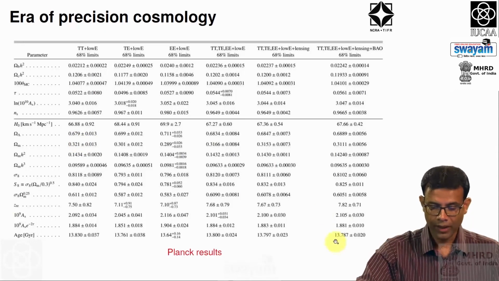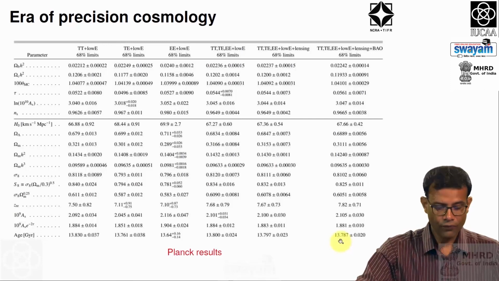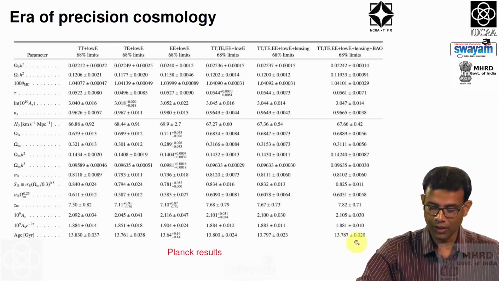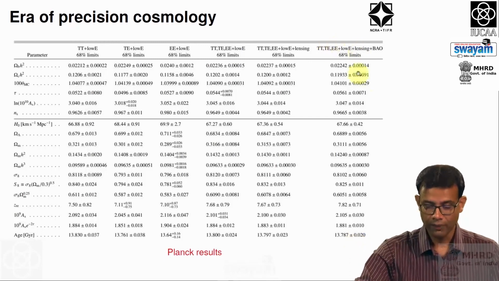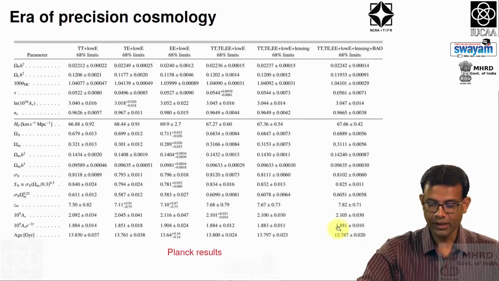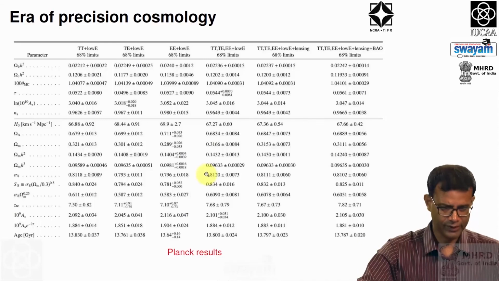The age we are talking about now is somewhere in the range of 14 gigayears. Okay. In fact, it is 13.787, and the error bars are plus minus 0.02 if we believe this data set. Okay. So, you can see again the precision with which one is measuring various things.